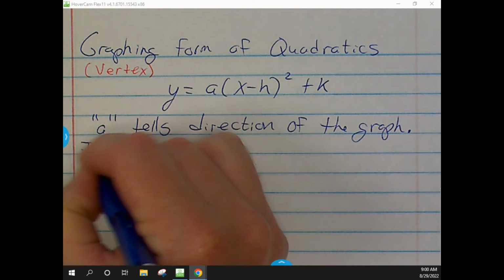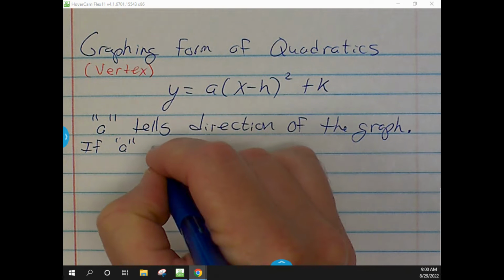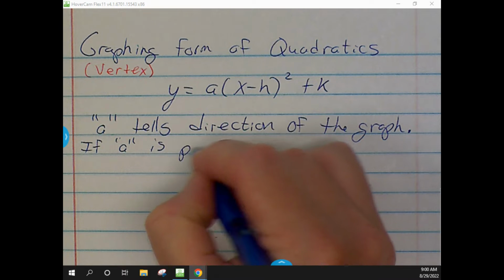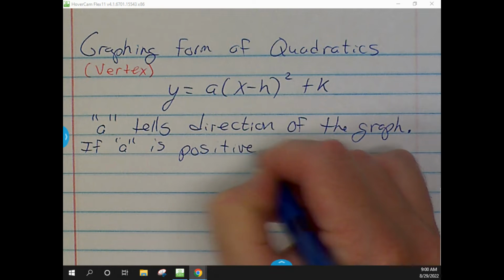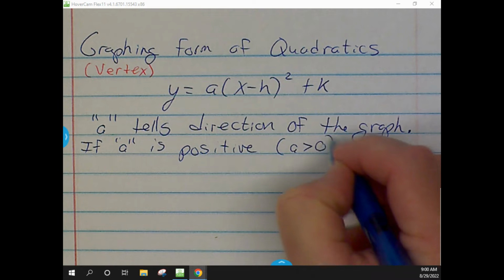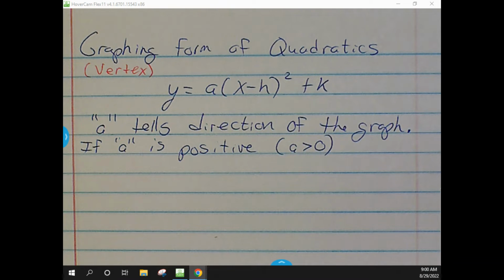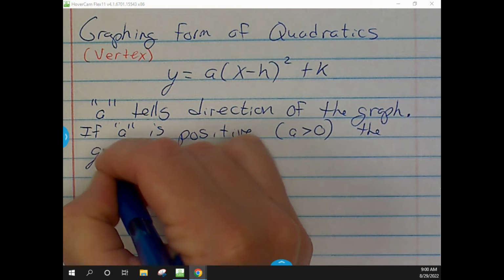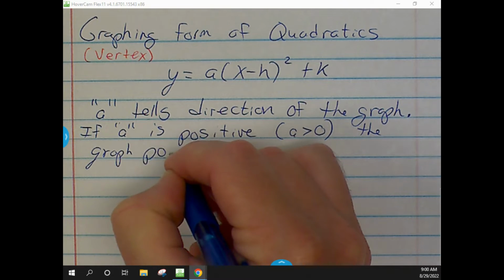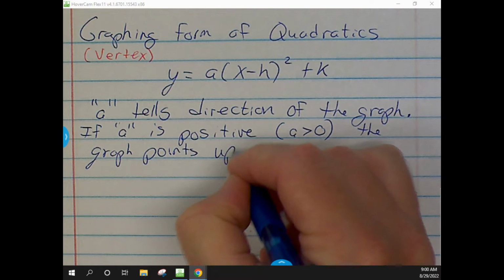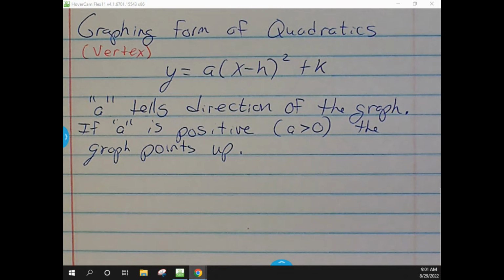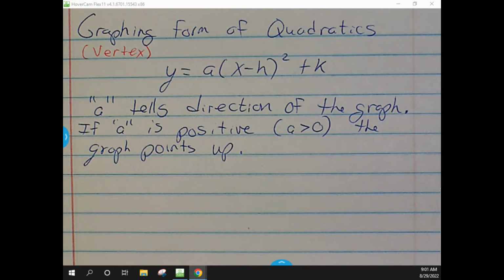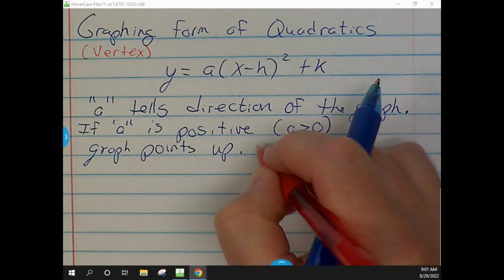If A is positive, so if your A value is greater than 0, the graph points up. And Ms. Chapman would not be happy that I said the graph points up. The technical term is the graph opens upward. That's the mathematical term.